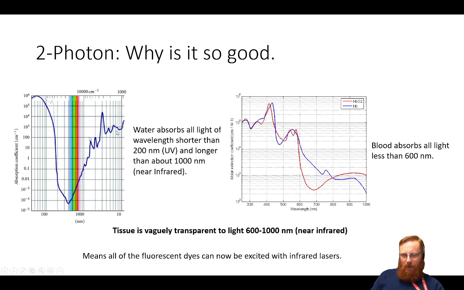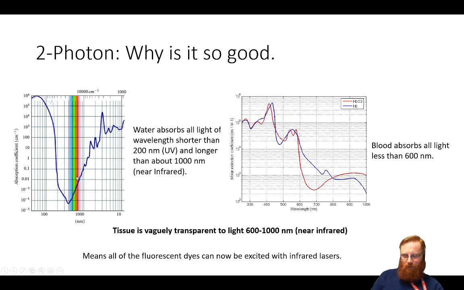Now, these two graphs are in the same unit, and so the point here is that this dip doesn't look very impressive, but in these wavelengths, the absorption of blood is far higher, right? So on this graph, the absorption of blood is at about this line, from here to here. So in this range, the absorption of blood is a much bigger problem than the absorption of water.